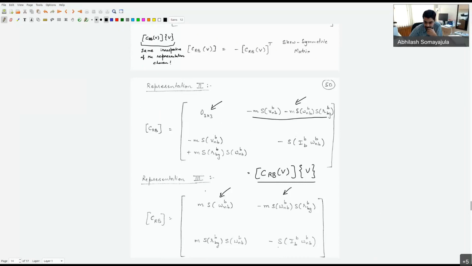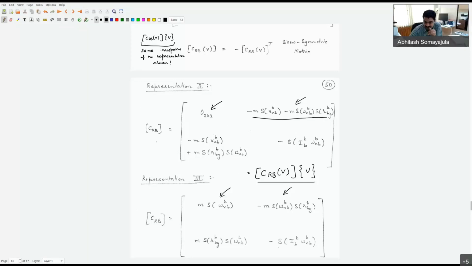The representation 2, we can write it as a sum of maybe symmetric and skew symmetric parts, that kind of thing. No, both of them are skew symmetric. That property doesn't get lost.